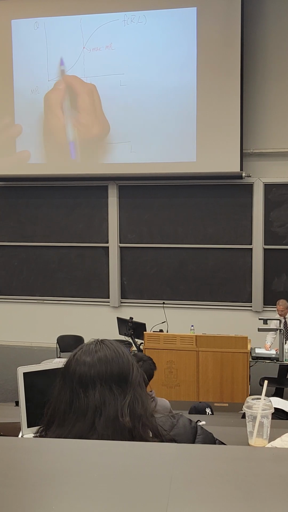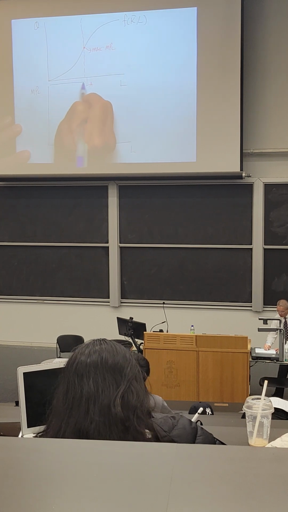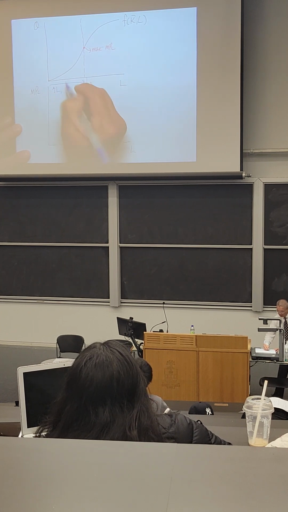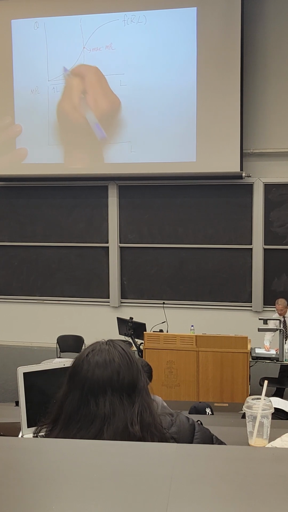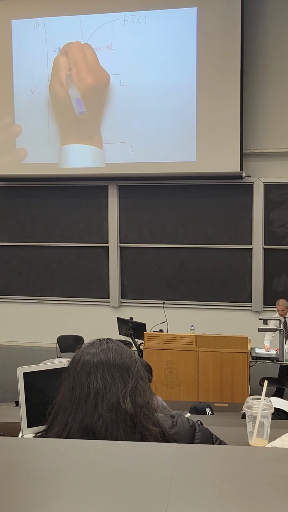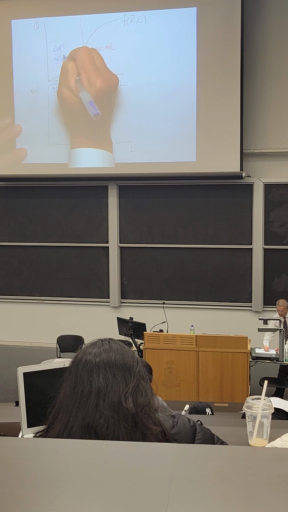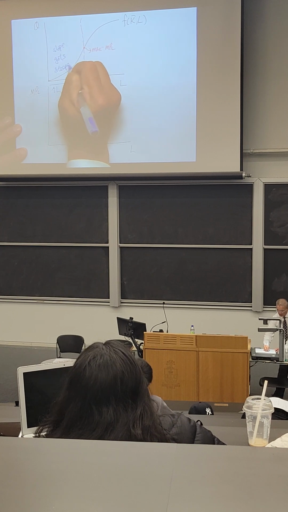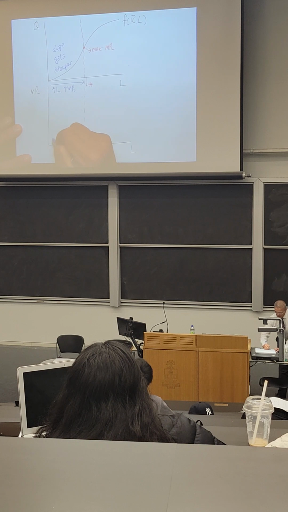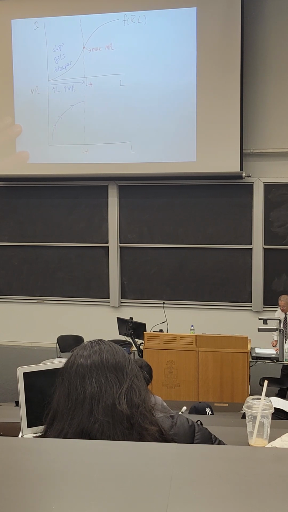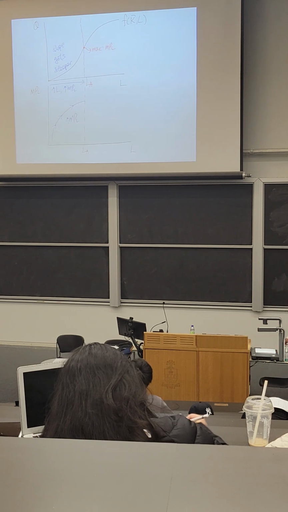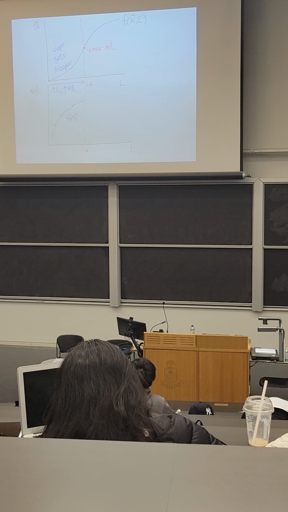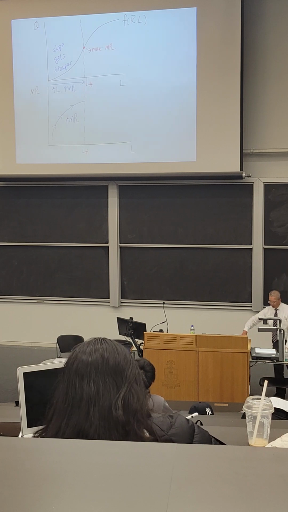Start from the beginning. As you increase labor input, marginal product of labor will increase because the slope gets steeper. So this is what we see. The marginal product of labor increasing. And then it will hit the maximum.